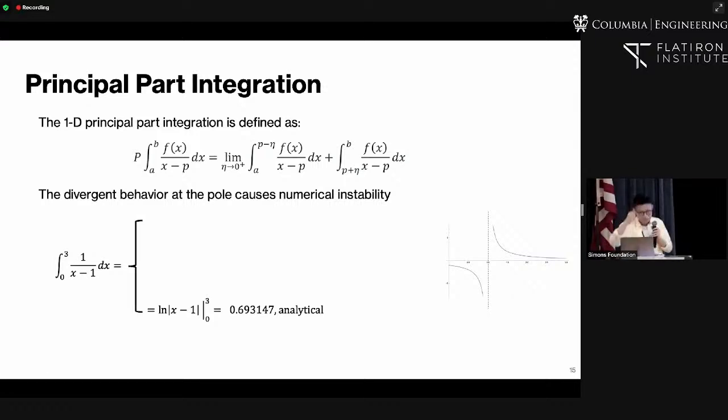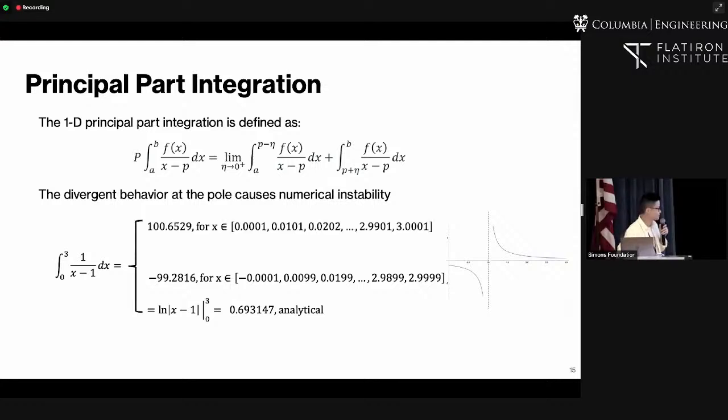So you can get a finite result for the analytical case. The reason we can get a finite result is because the divergences on the two sides can cancel each other exactly. But this is not so true if we do the numerical integration. For example, if we choose a numerical grid that is slightly shifted towards the left, you will get minus 99, which is far away from the true answer.